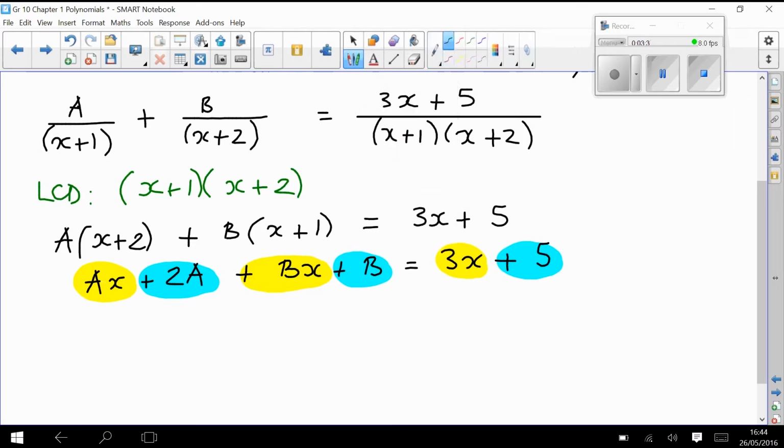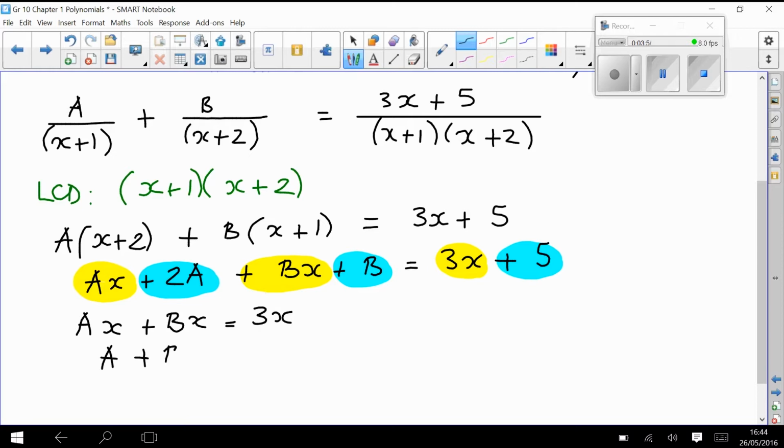So what I'm going to do in my next step is take this information and separate it out. If a times x plus b times x gives me 3x, it stands to reason that a plus b was equal to 3.